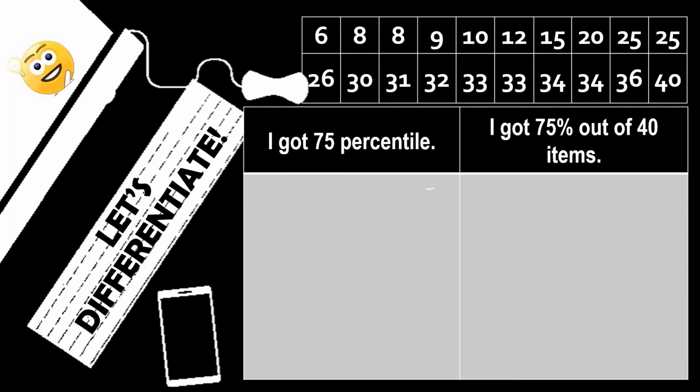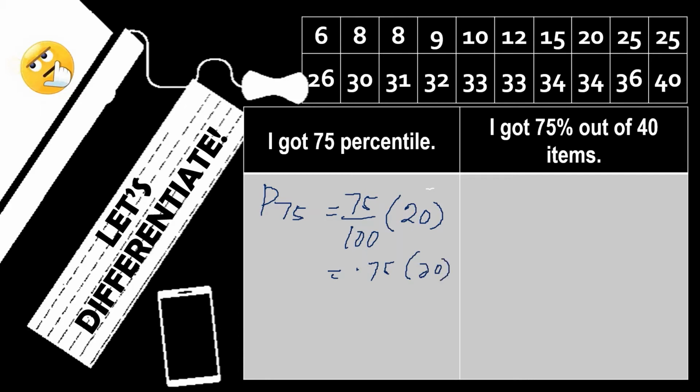So let's find out by getting the actual score or the raw score. 75 percentile, let us get 75 percentile, which is P75, equal to 75 over 100 times the number of scores. So there are 20 scores. So this will be 0.75 times 20, and the answer is 15.